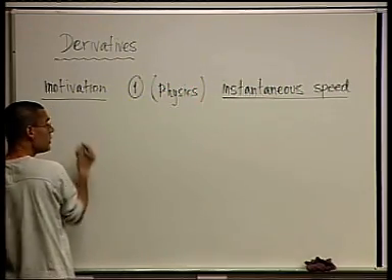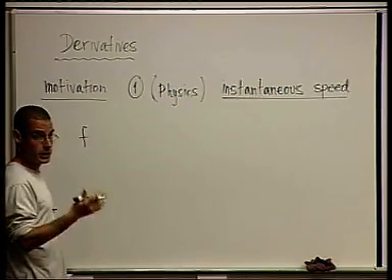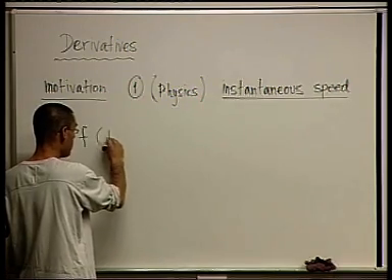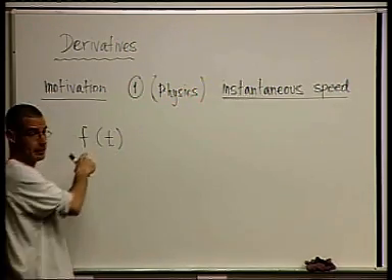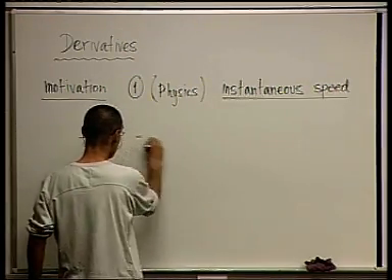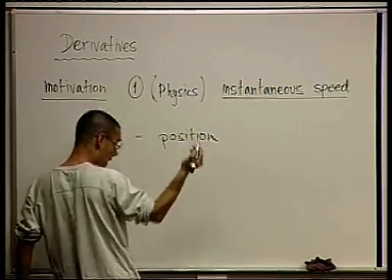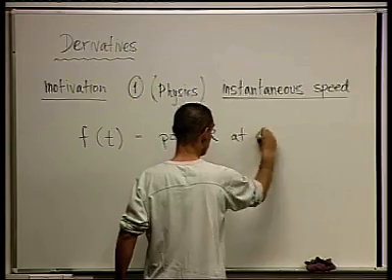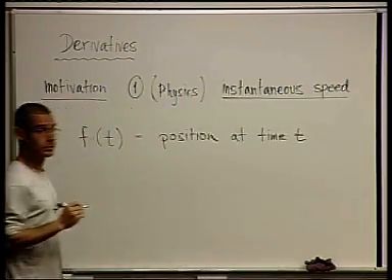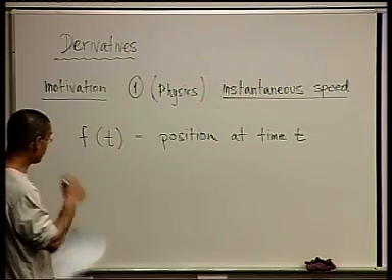And we're going to describe the position of the object by the function f, and it's going to be a function of time. So I'll denote the variable by t. So f of t is the position of the object at time t. Okay? So we have an object, it's moving, this is its position at time t.